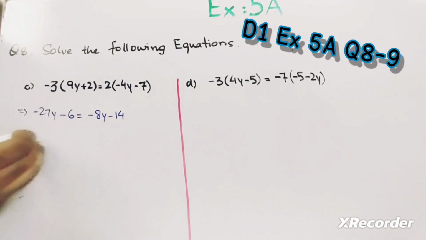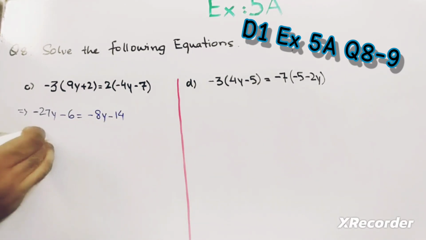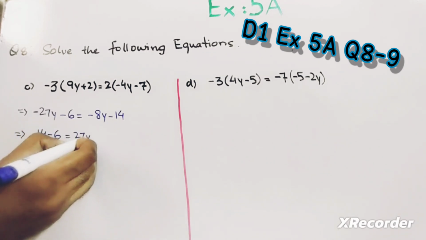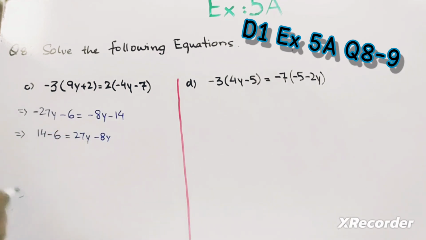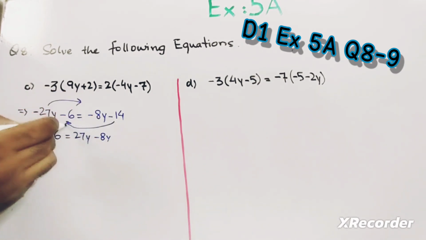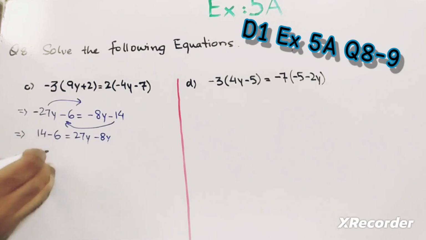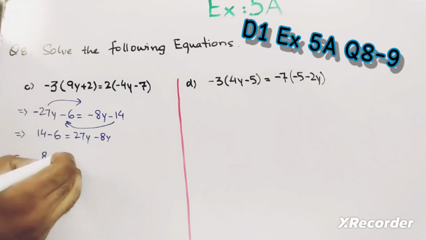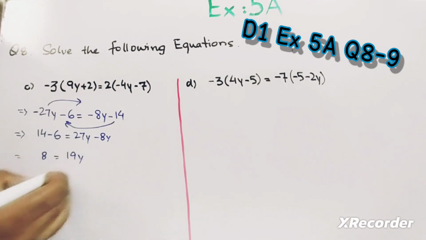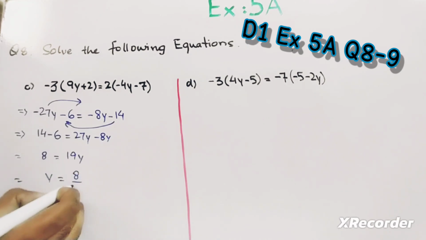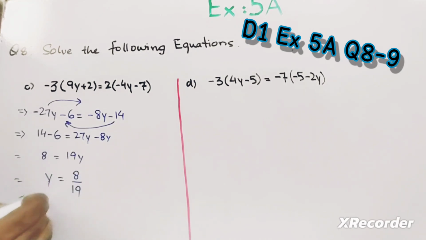Now by rearranging, 14 less 6 is equal to 27y less 8y. We move this on this side and this minus 14 on that side. So 14 less 6 is 8, 27y less 8y is 19y, and y becomes 8 upon 19, and this is our required answer.